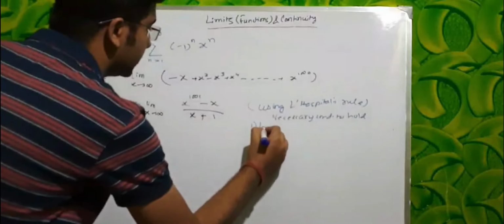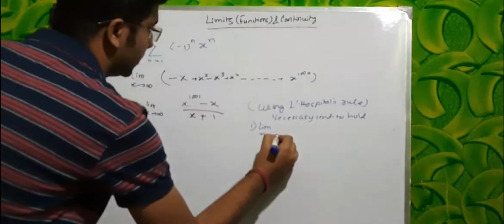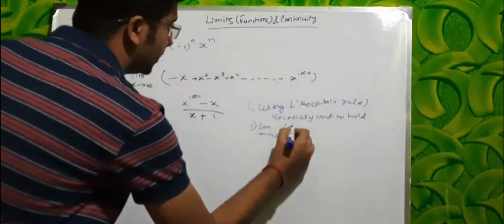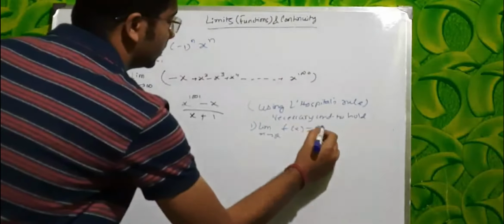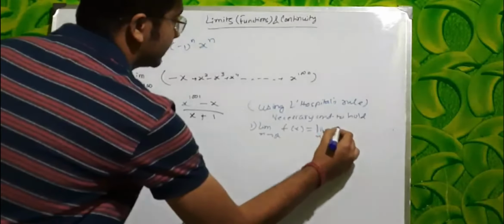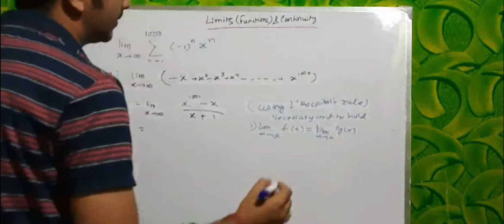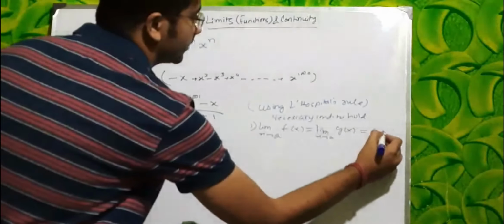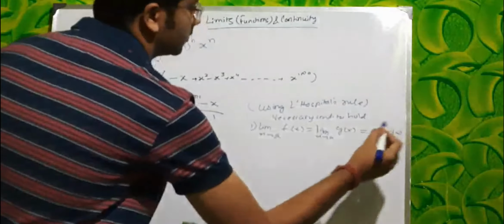So first one is limit of x tends to some a, may be finite or infinite, if f of x equals 0 or plus or minus infinity.